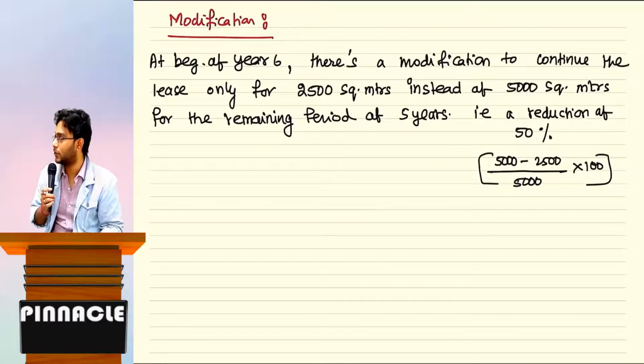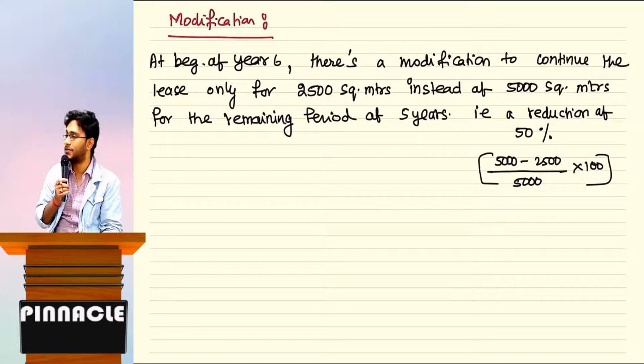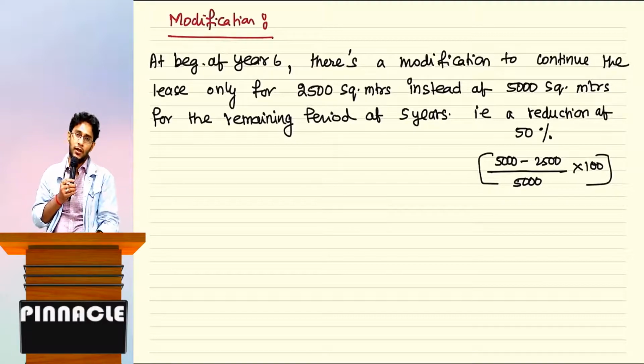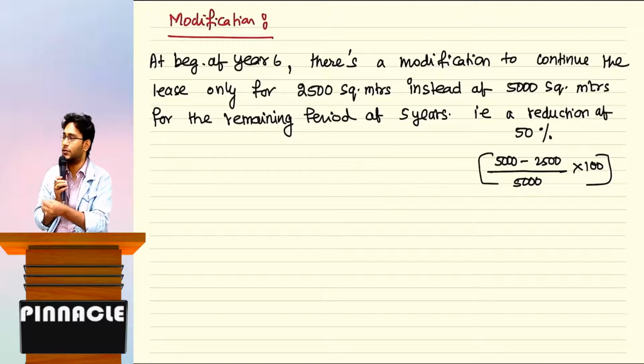Sir, this particular modification is a decrease in scope only, where the area is decreased. Since the area is decreased, you are able to work out this percentage. In every case the percentage proportion will not come.